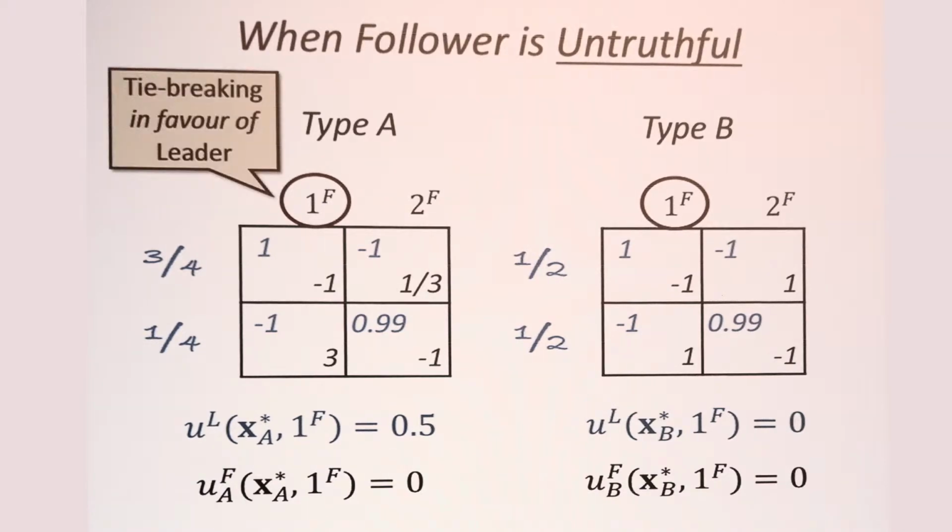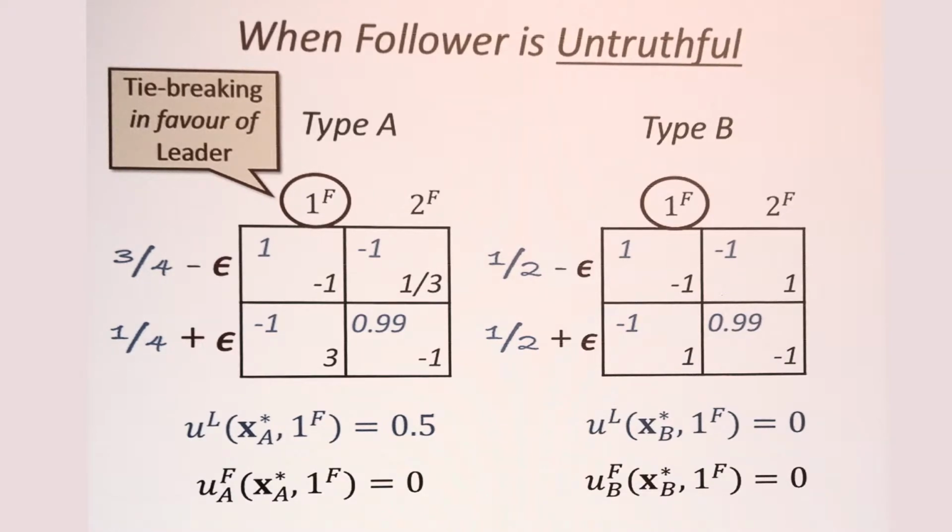Here we make the assumption that the follower always breaks ties in favor of the leader when he has multiple best responses. As we have also seen from the previous talk, this is a standard assumption in the literature, and it is without loss of generality, because the favorable follower action can always be induced if the leader deviates from her optimal commitment by an infinitesimal amount.